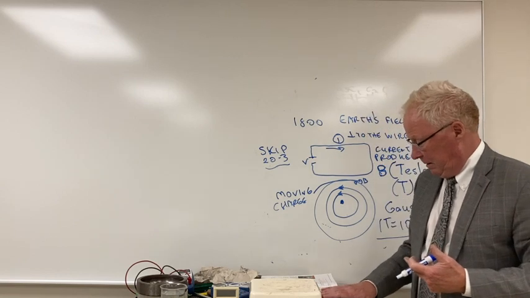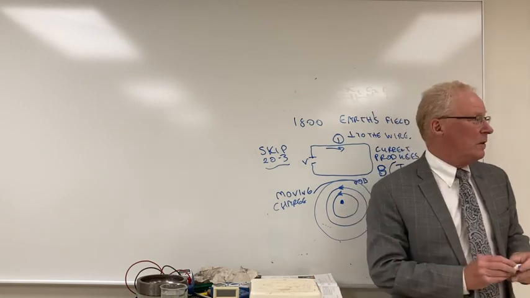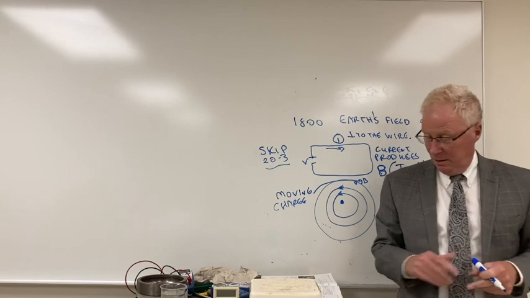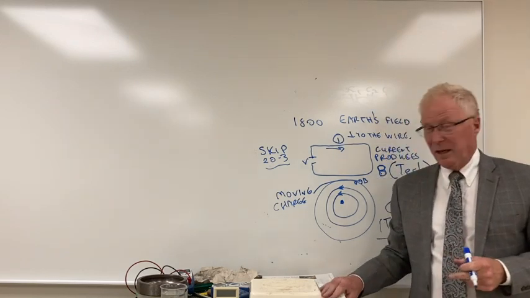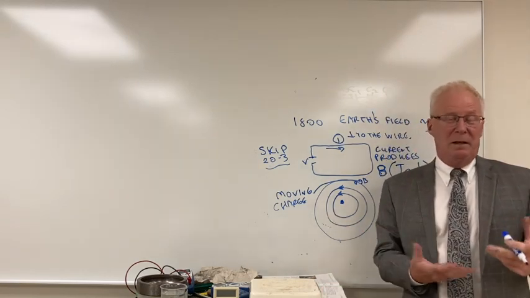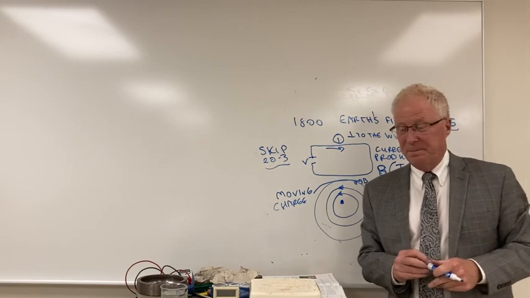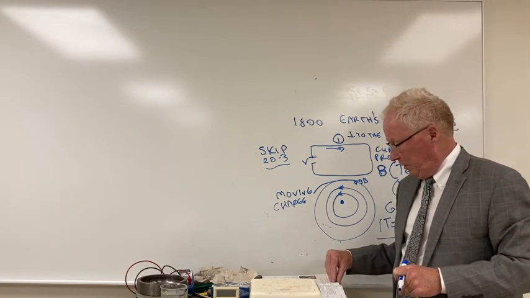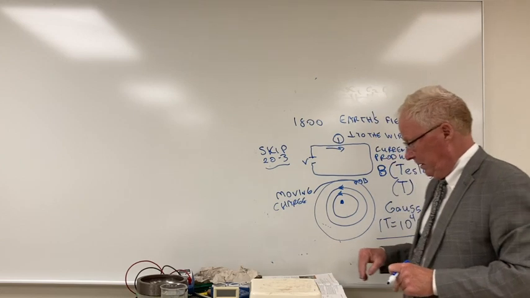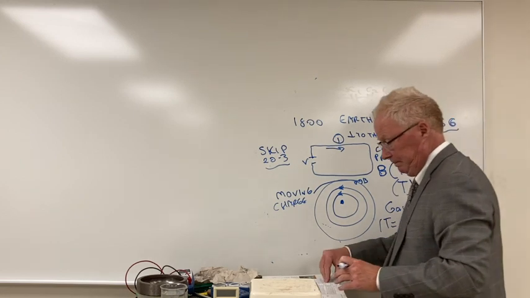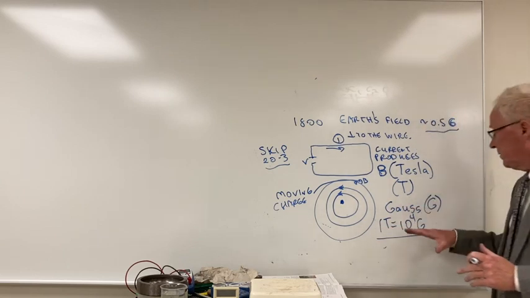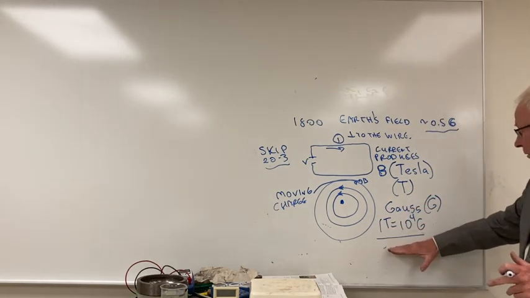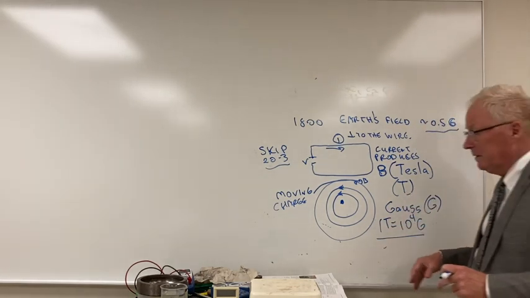We'll also be dealing with this as part of a lab, which we'll talk about later. And we'll get into this later on. So that's the units, Tesla and Gauss.